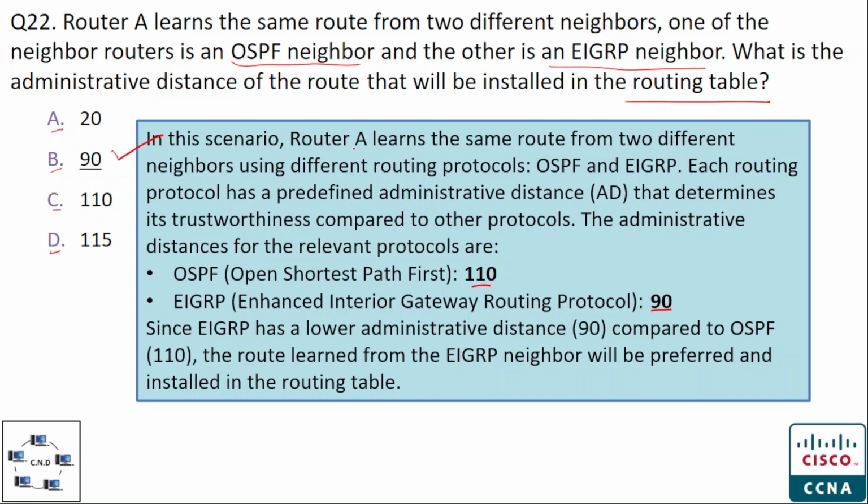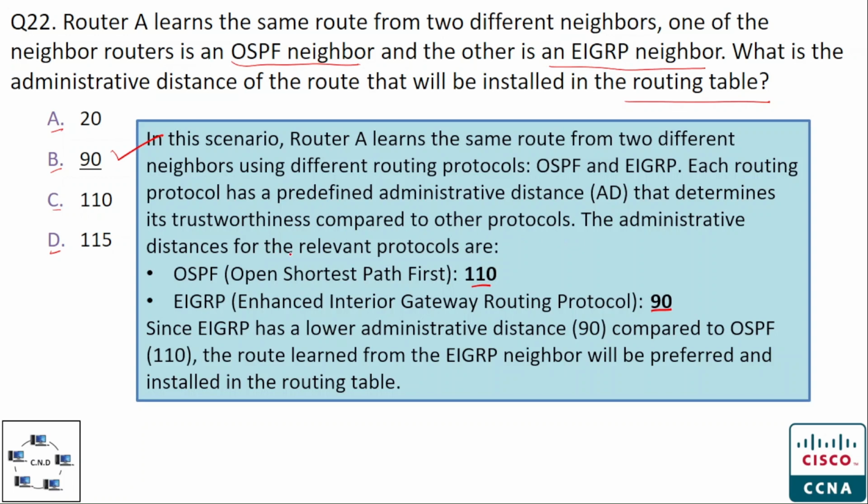So in this scenario, router A learns the same route from two different neighbors using different routing protocols, that are OSPF and EIGRP. Each routing protocol has a predefined administrative distance that determines its trustworthiness compared to other protocols.